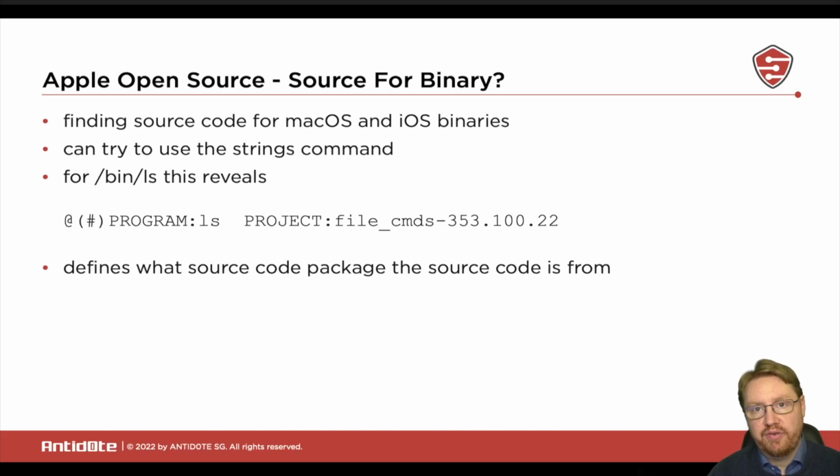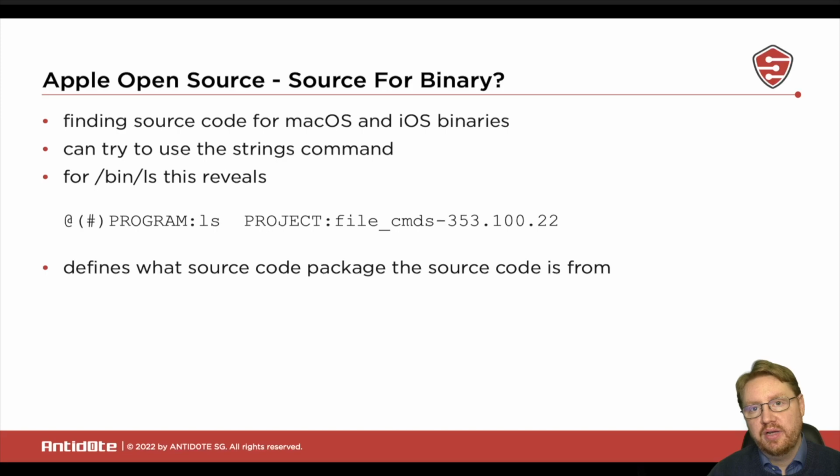So when you have the files, you can use all the tools that you have at your disposal on these binaries. And one of the things you can do is just run a simple strings. When you look through all the strings, you will find certain markers that give you information about what kind of source code is inside this binary.